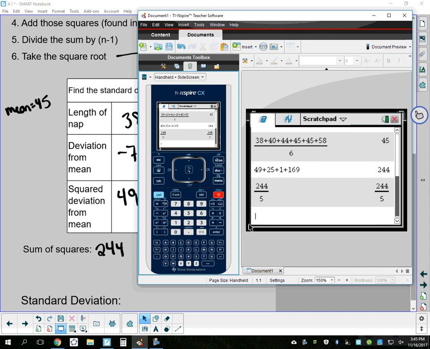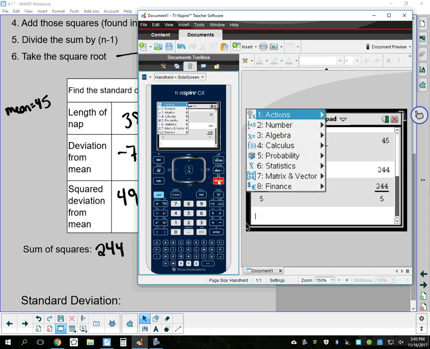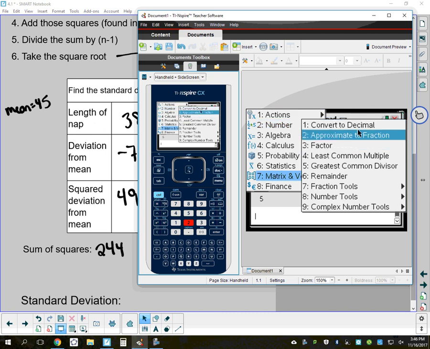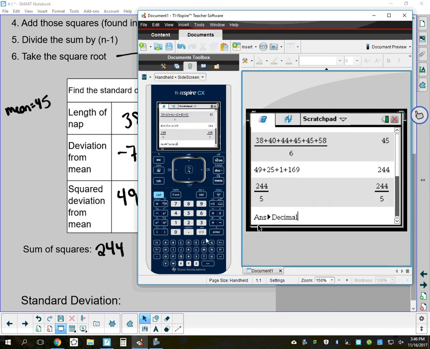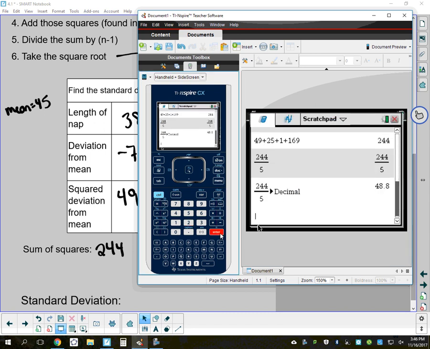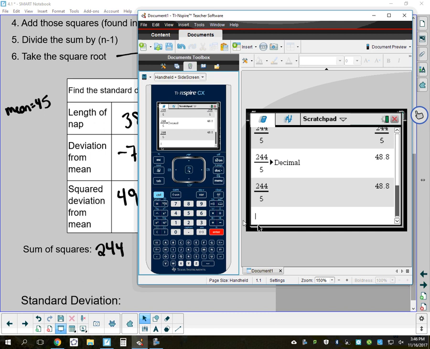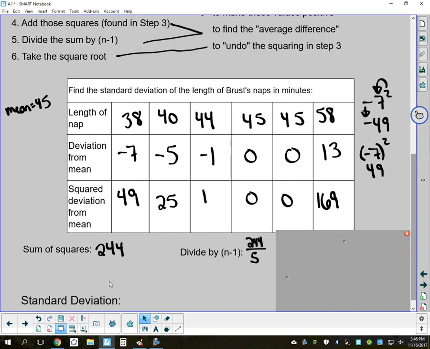If you have the fraction in there, menu, number, and we want to convert it to a decimal. Hit enter. The other way to do it, you can type in 244 divided by 5, and then you hit control enter, and it'll give you the same thing. Okay? So when we divide that, we get, I already forgot what it was, 48.8.